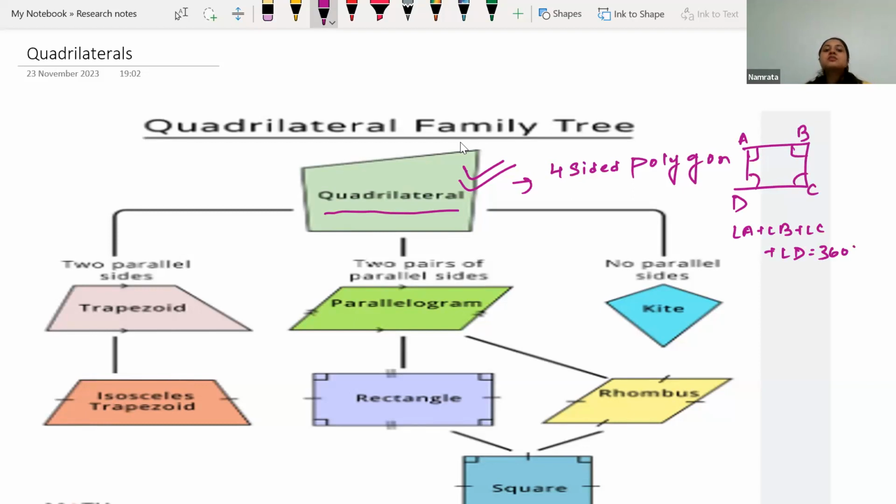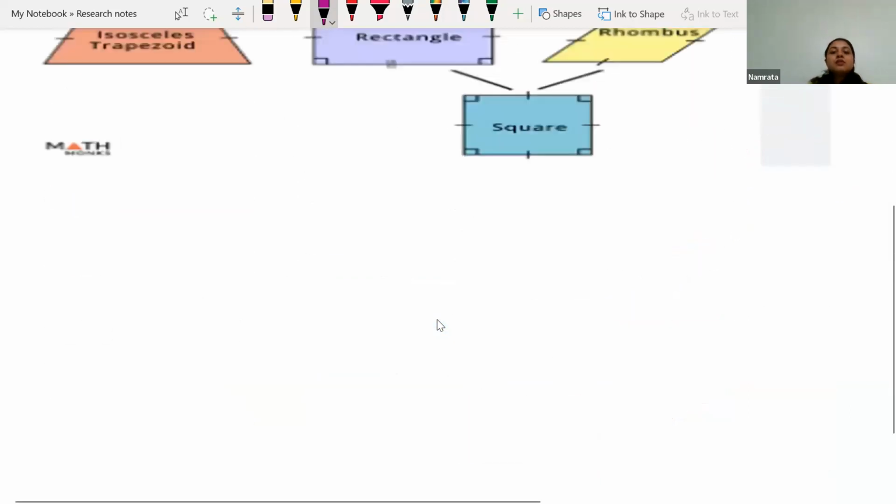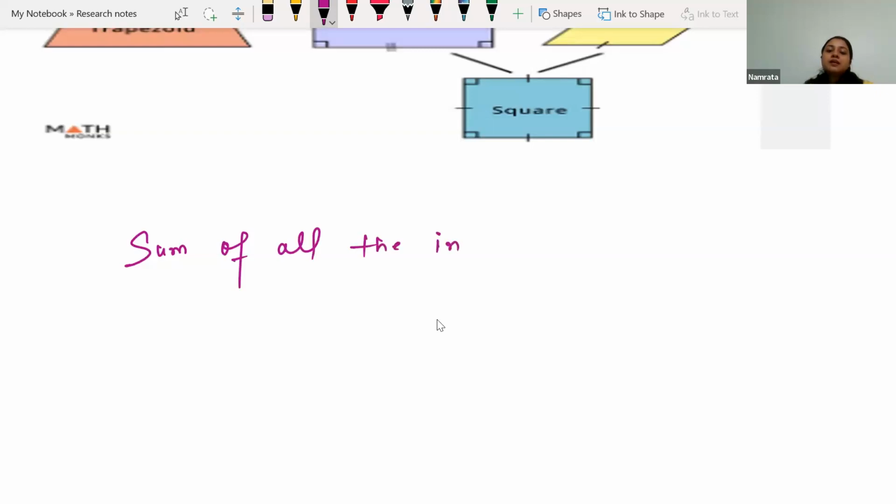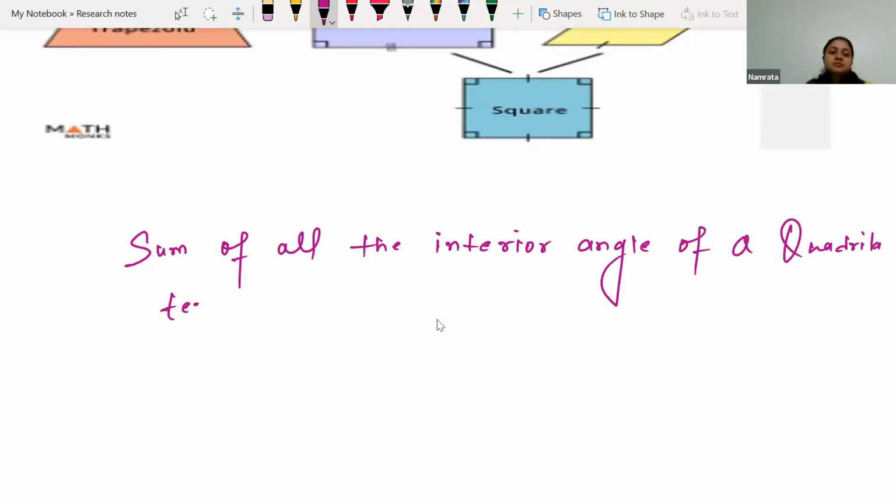These are just the kids of the quadrilateral. If you understand it that way, you can take it like that. So the first thing is: the sum of all the interior angles of a quadrilateral is 360 degrees.